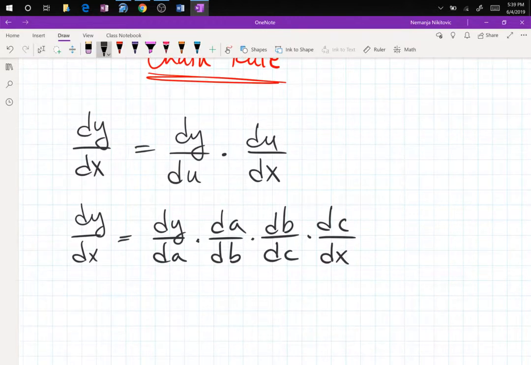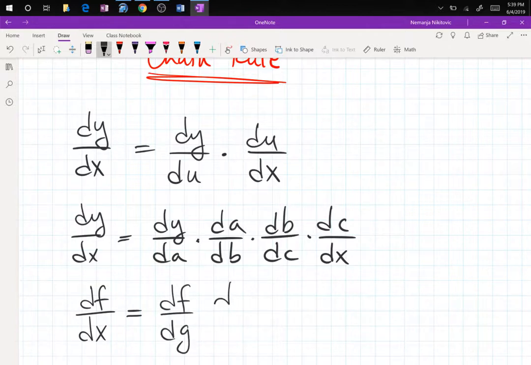Now, remember that I have functions f and g. If I want to find the derivative of the outer function f with respect to x, but g is in the mix as well, then I can find df/dg and then dg/dx.